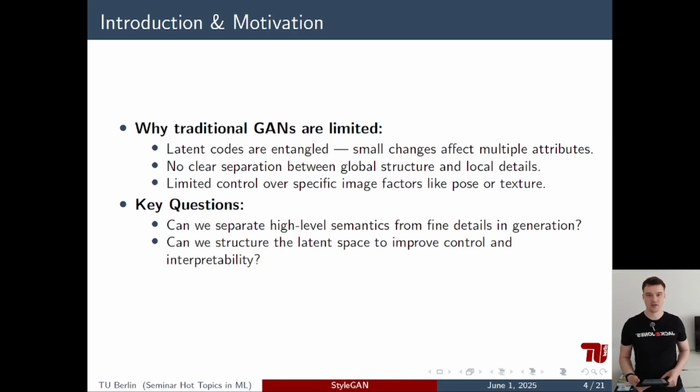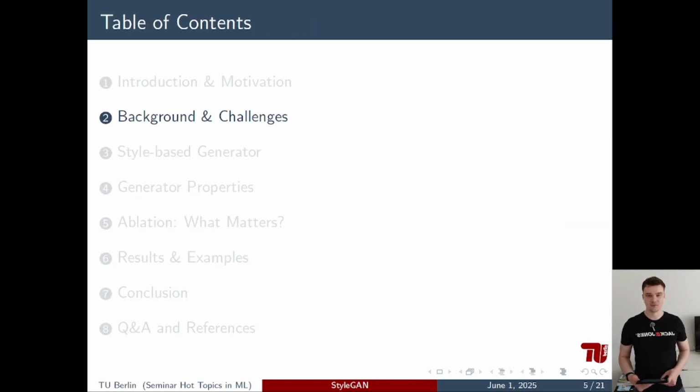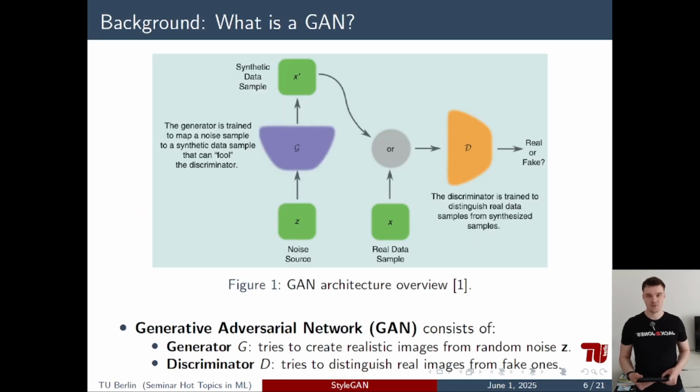What is actually a GAN? A GAN consists of a generator G, which creates synthetic images. And on this figure, you can see that first we are feeding the GAN generator with some random noise Z, and this generator G produces a sample, a synthetic image, which is then fed to the discriminator.